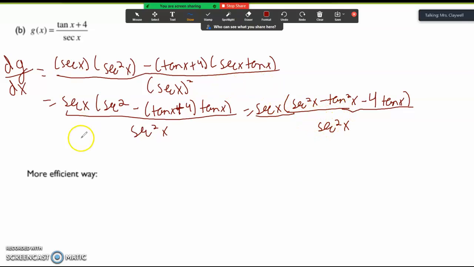I see this simplifies, but I can divide a secant from the numerator and the denominator.